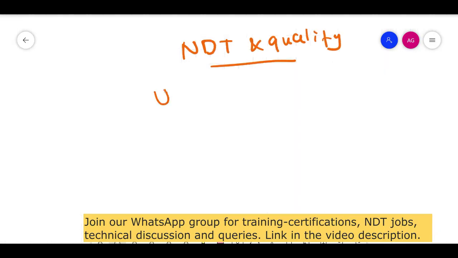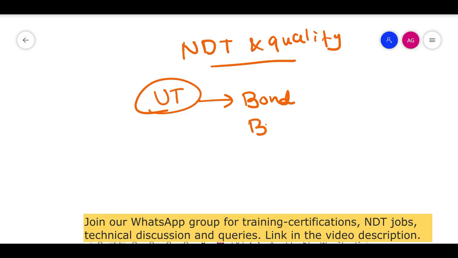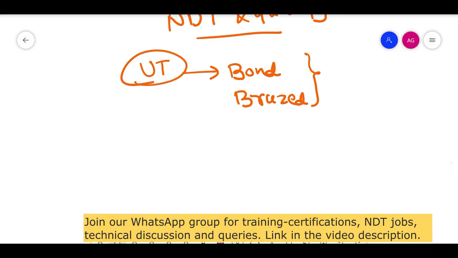So friends, in today's video we are going to see about bond joints and brazed joints in ultrasonic testing. How is UT done for bond and brazed joints? Generally NDT is done for both these joints, but wherever it is a very critical part like the aerospace industry, NDT is also done for this joint.